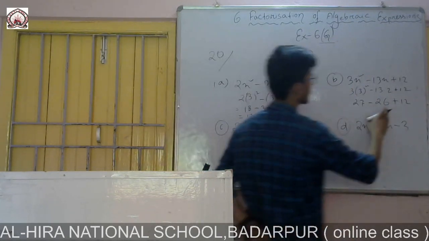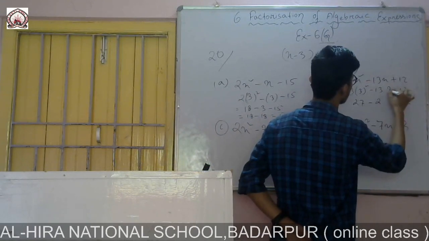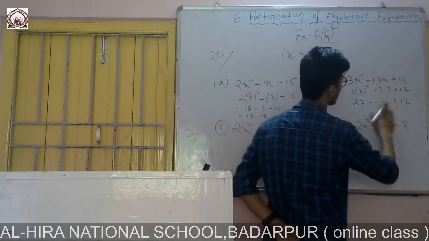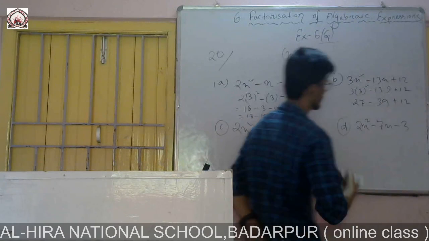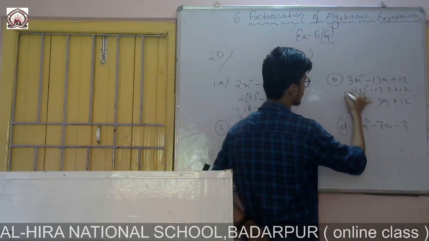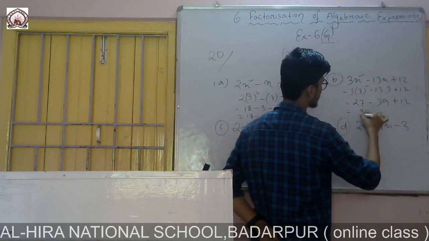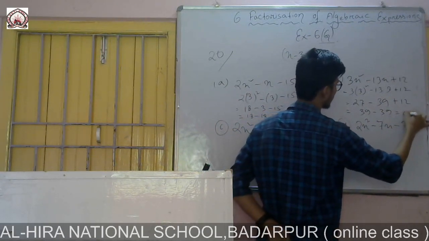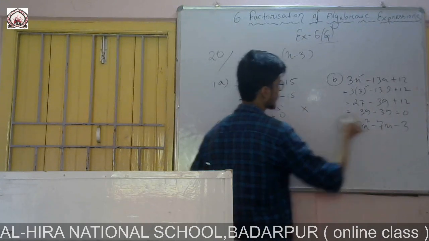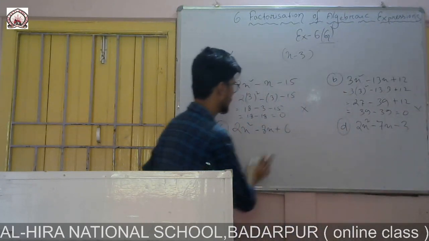If you solve this one, 27 plus 12 is 39. So 39 minus 39, so there also it is equal to 0. That means this one and this one are not the option. So now I have to check these two.